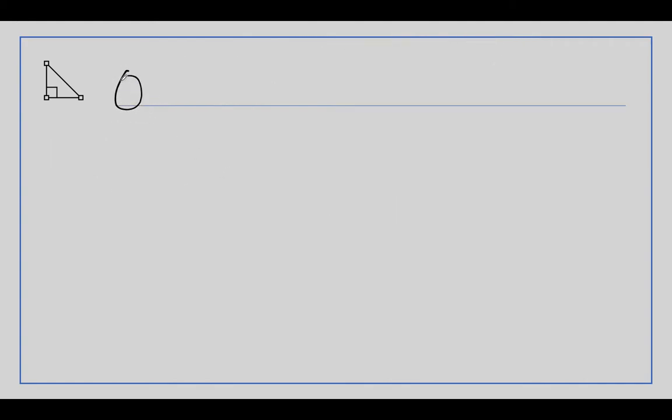So an odd function exists if it's symmetrical around the origin.